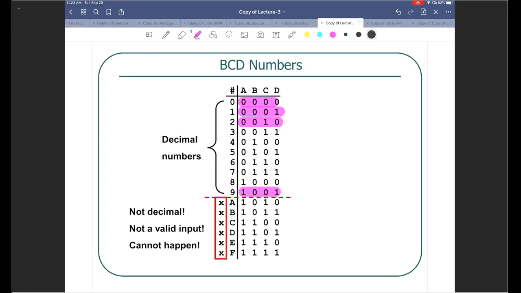But with 4 bits, you can have 16 combinations. So what happens to 1010? What happens to 1011? Those are all don't care conditions marked as X in the truth table. So what I'm saying is, in the truth tables, you will now start seeing 0 and 1 and also X.